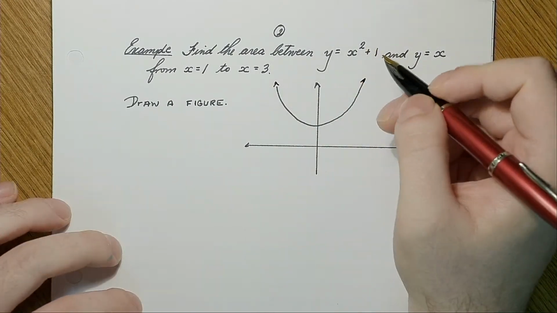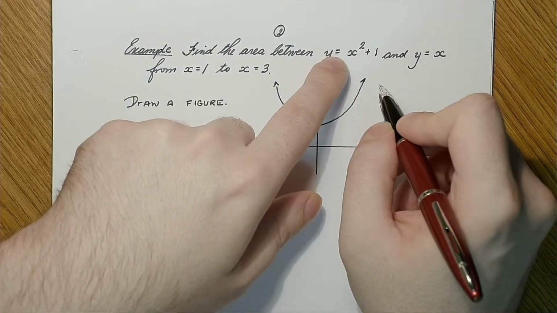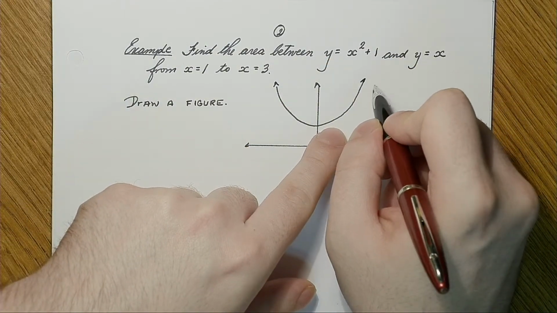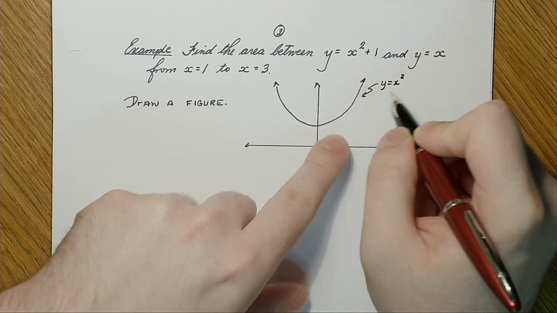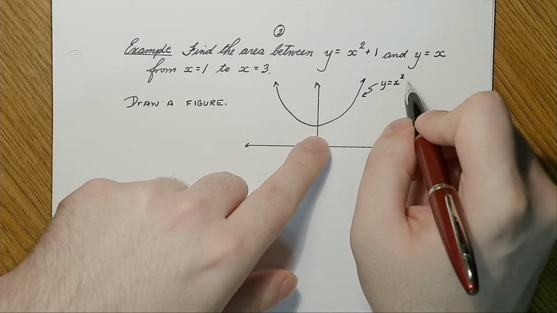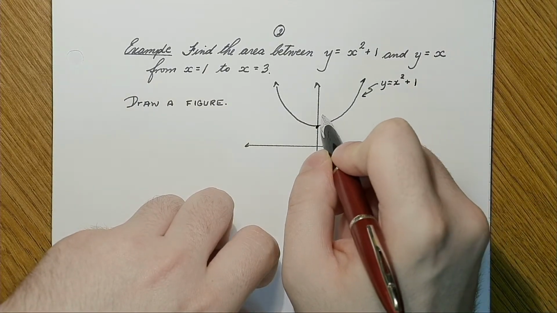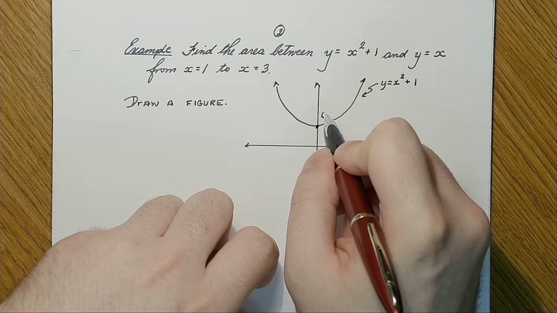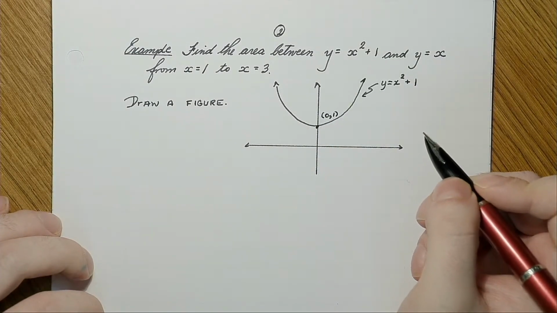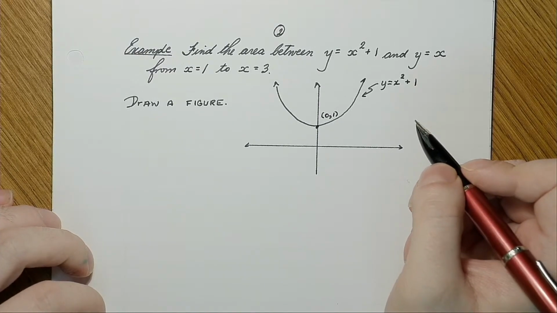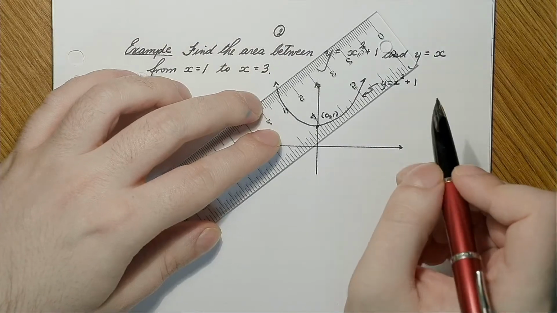After all those high school lessons, we know that x squared plus 1 is a parabola. So it's a parabola going up, shifted up by 1, so that should be at 0, 1. And the other thing we can draw is y equals x.